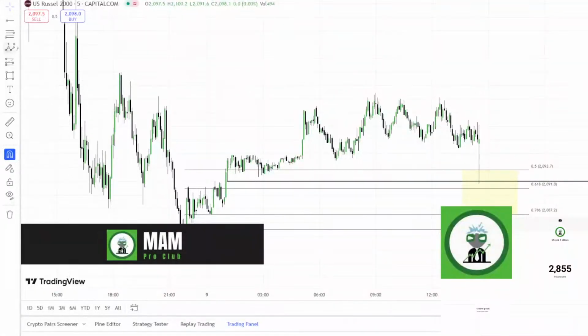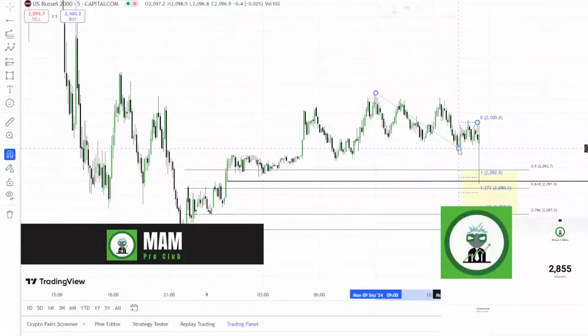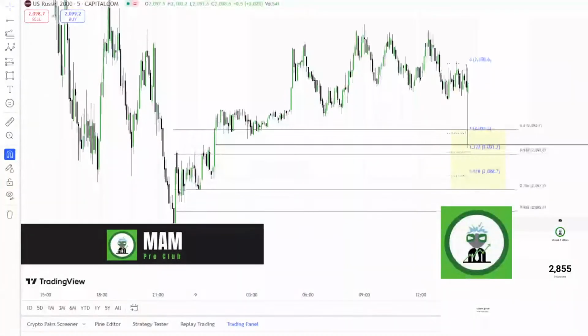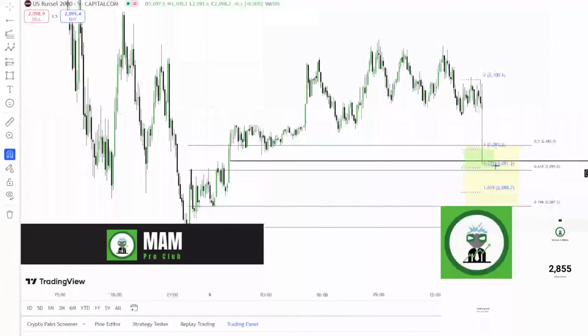Anything else technical about that I can see? Let's have a look. Not really. This might be right. There we go, look, there's a green box. Okay, so there's your green box. It's come and tapped that as well. So not only is it in the golden pocket, but it's also reacting from the green box.